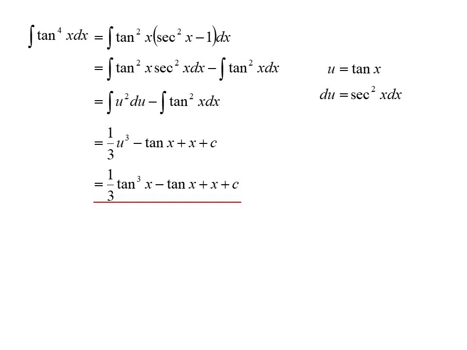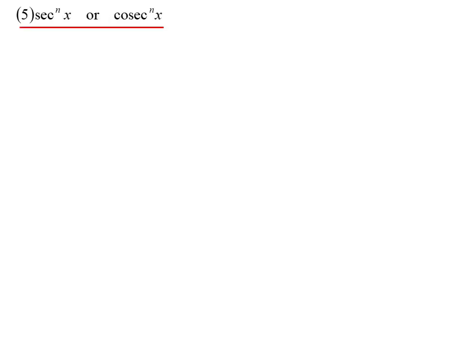The integral of tan squared we worked out before, so I've just subbed that straight in. And whoops, we get our final answer. So tan's nicer because it's just the same technique every single time. Pull out tan squared, change it to sec squared minus 1, and then deal with the new integrals that arise. Sec or cosec, again cosec being the complementary ratio, so the same technique will be used.